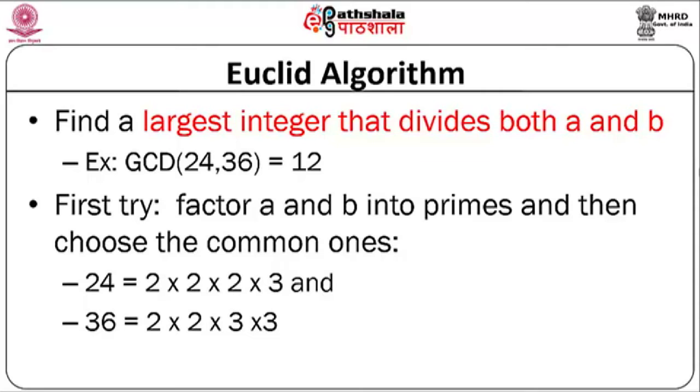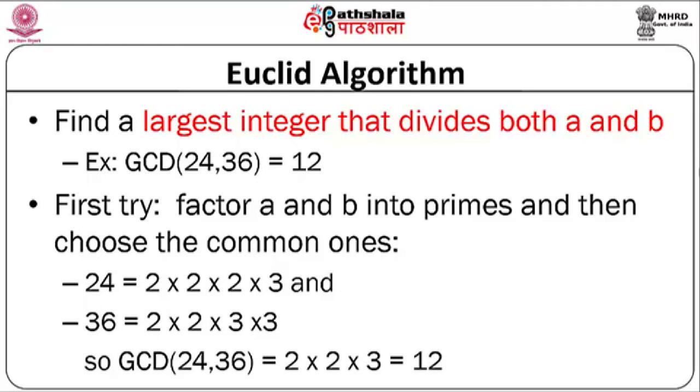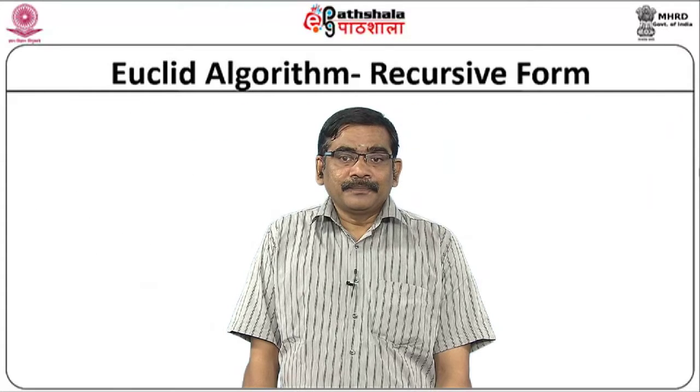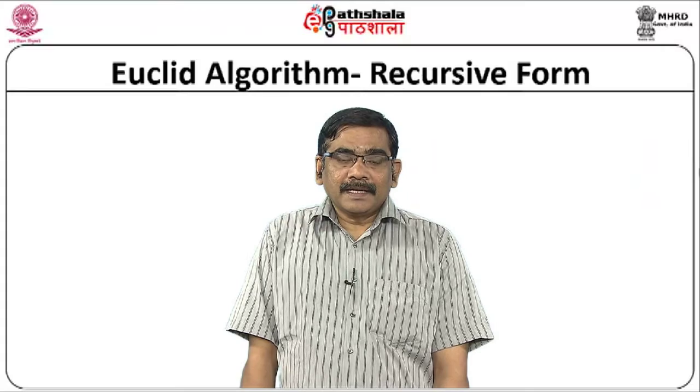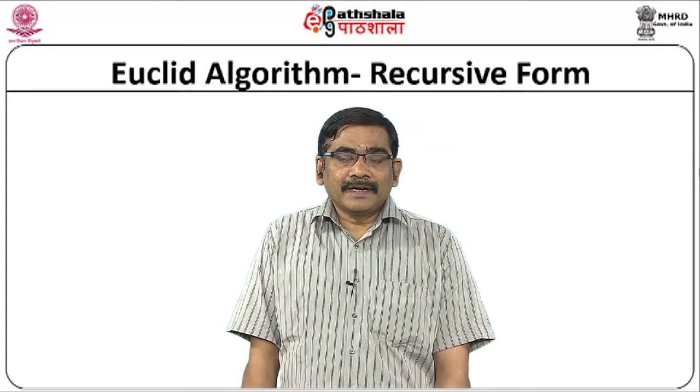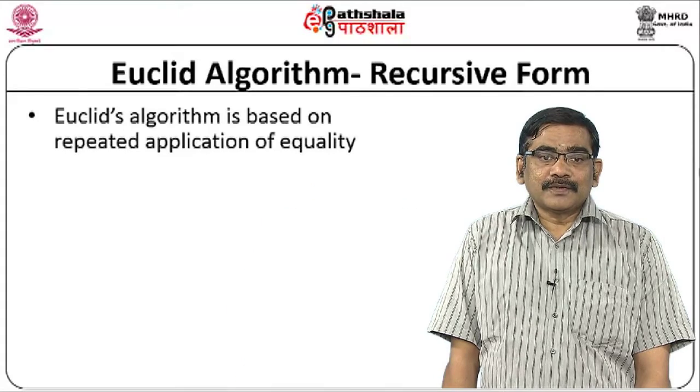Now you can see the common part is 2 into 2 into 3, so that is going to be 12. Factoring the numbers, finding the common factors and taking their product will give you the answer for the problem of GCD. The same thing can be lucidly defined in recursive form also.